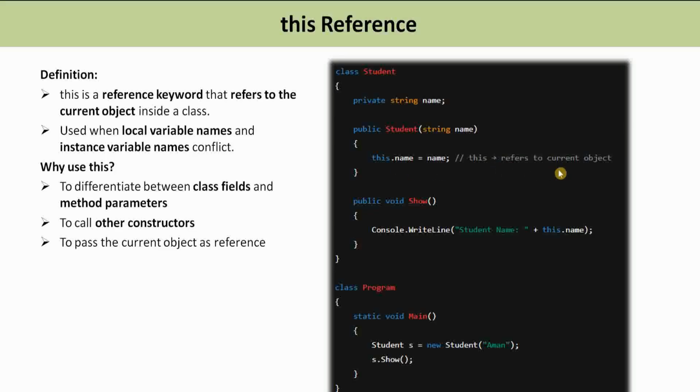It always refers to the current object, and here we call one method to show the message, where the current name we are passing through the parameter is used with the this keyword. Here we have the main method where we create an instance of the Student class and pass one string parameter, and we call this method to display the value. So let's see this one in Visual Studio.